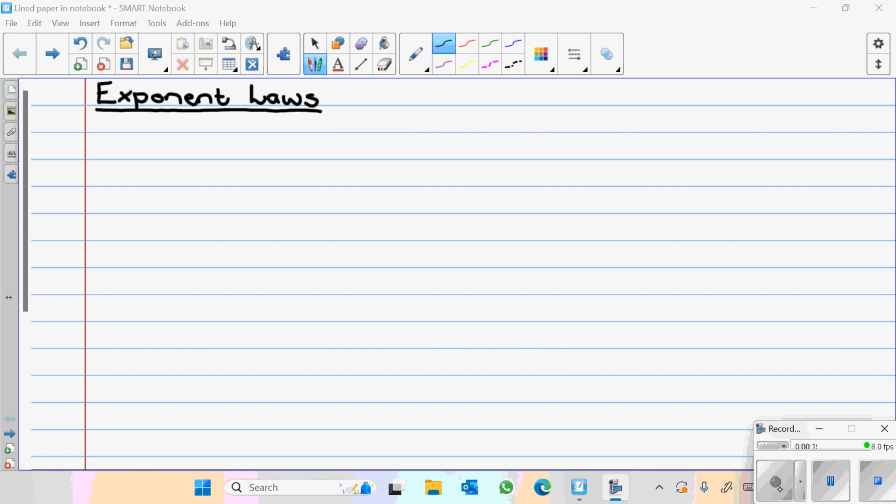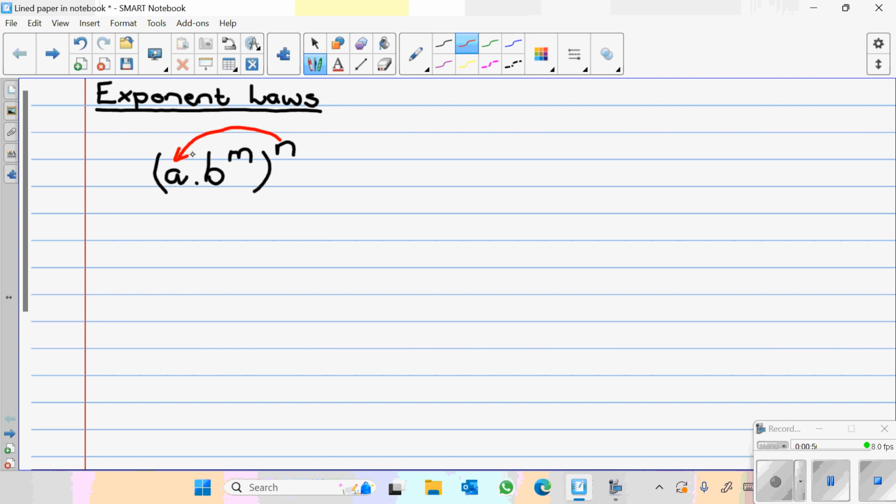In other words, when you have a times b to the power m, and then outside of that you have another exponent. So the a times b to the power m is in brackets, and then the bracket is raised to the power of n.